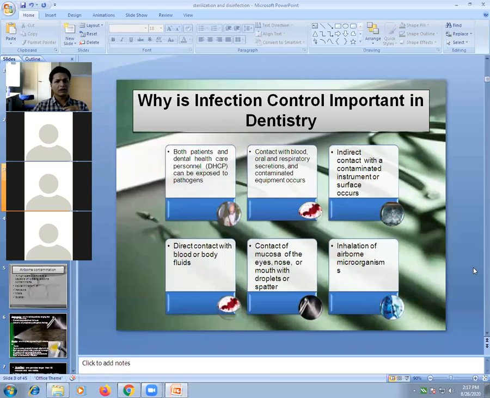Direct contact with blood or body fluids can happen. Contact of mucosa of the eyes, nose or mouth with droplets and spatter can happen. And inhalation of airborne microorganisms also can happen. So for all these things, the important thing is infection control. If we do it properly, then there will be no harm to ourselves as well as patients.